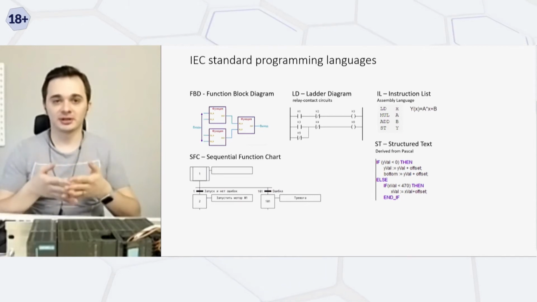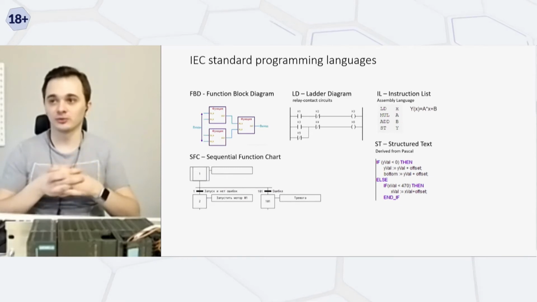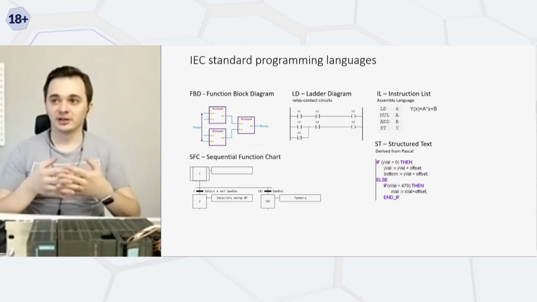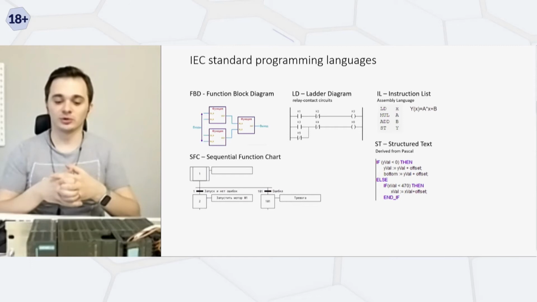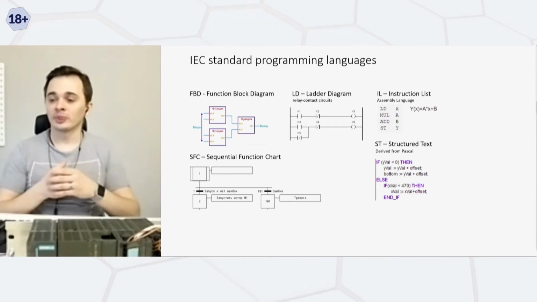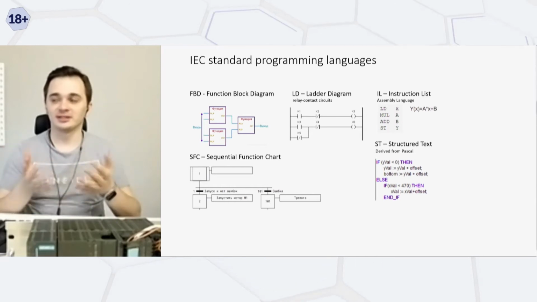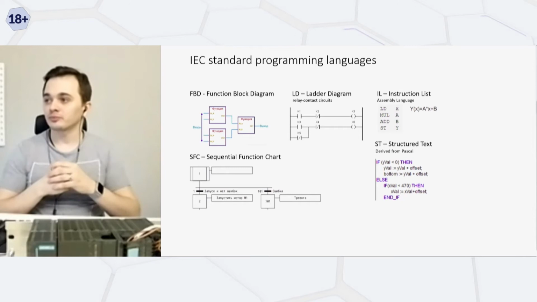Usually, a PLC vendor has a preferred language and a preferred development environment, and the PLC programmer chooses the language that, from her point of view, fits the purpose best.